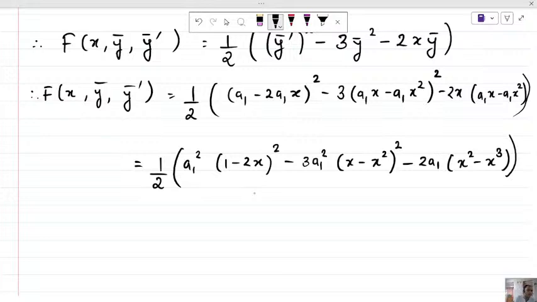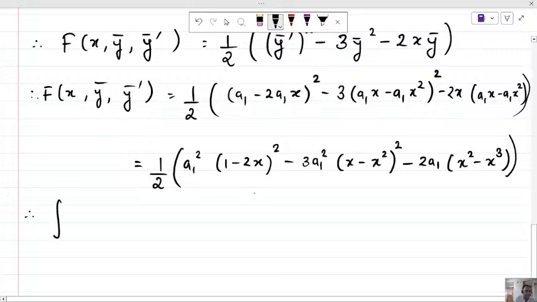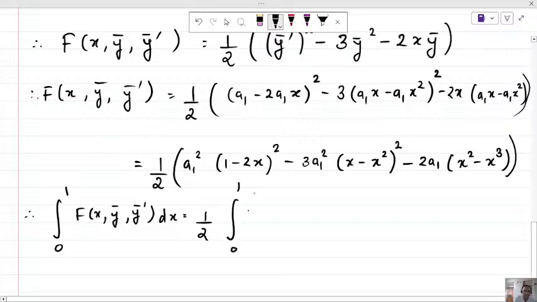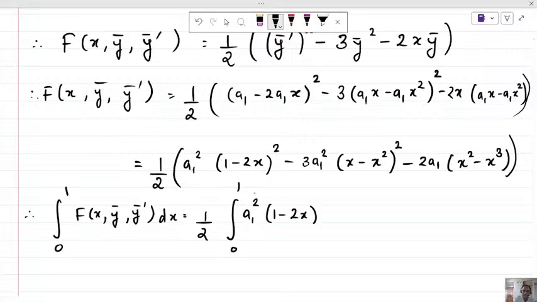And now we will perform the integration. On integration from 0 to 1, the integral of f of x comma y bar dash dx gives 1 by 2 integral 0 to 1 of a1 square times 1 minus 2x square, right?